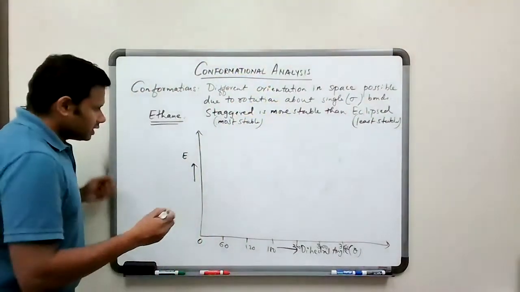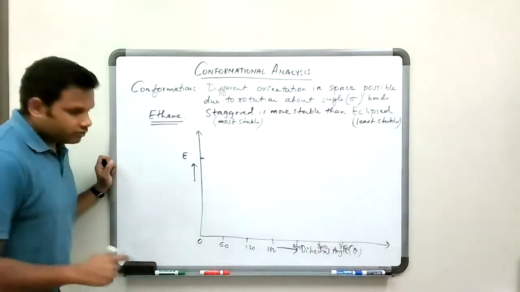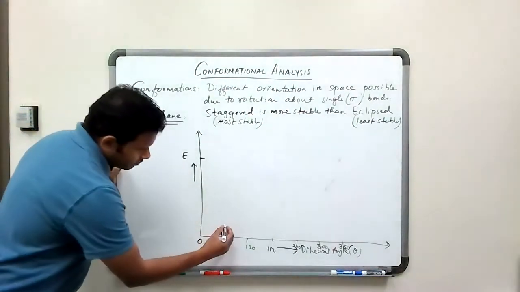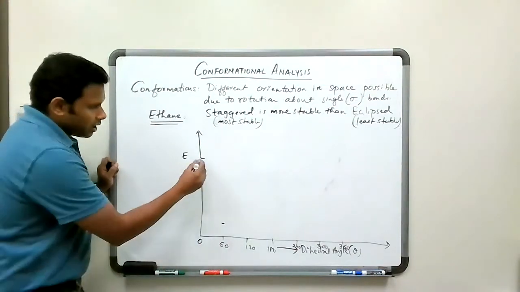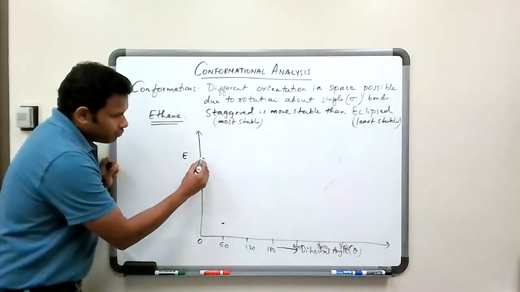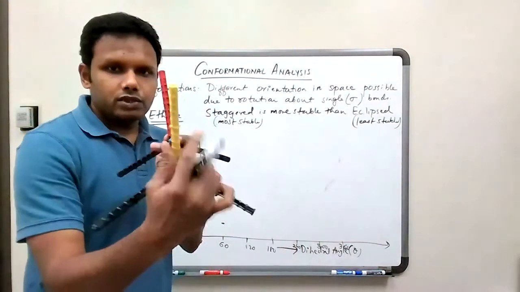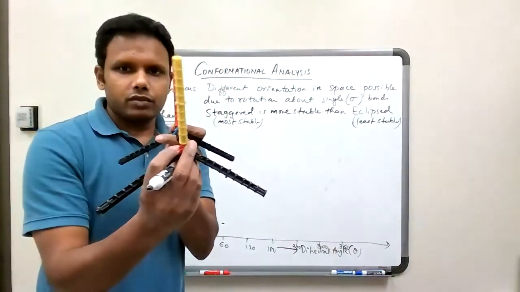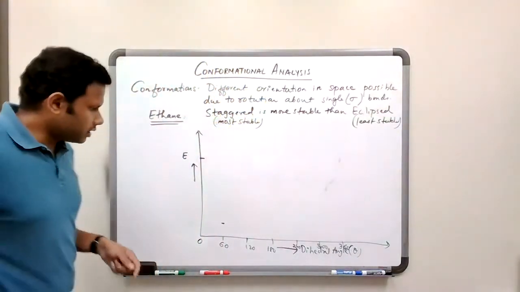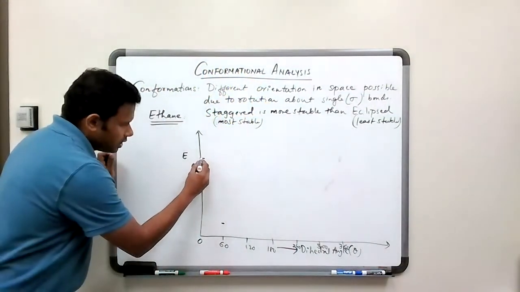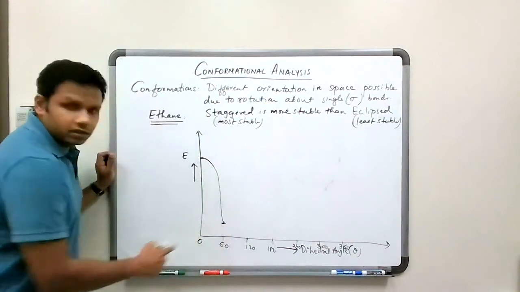So let's just say that this is the energy of the eclipsed conformation, and when it comes to a staggered conformation, that is the energy of the staggered conformation. So we start with the eclipsed, and as we move away from the eclipsed, as the dihedral angle increases from 0 to 60, the energy drops, and it is the lowest at 60 degrees.